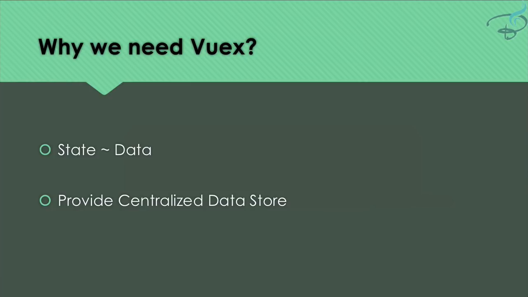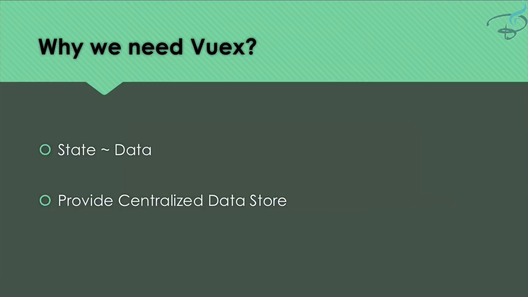This means communicating between components, between parent and child components, and passing data via props in Vue.js is a very cumbersome thing, and it sometimes breaks your code because you have a chain of passing data. Suppose you have a component A, you pass data to component B via prop, then component C via prop, and then component D via prop.